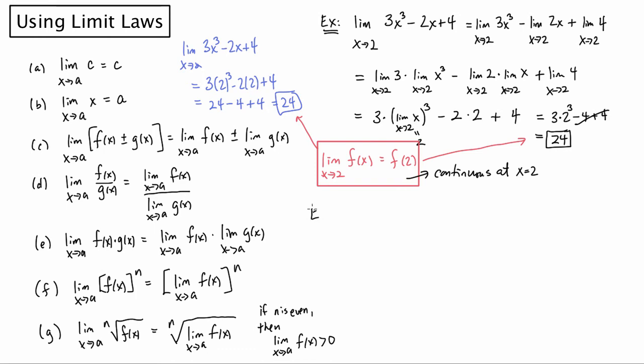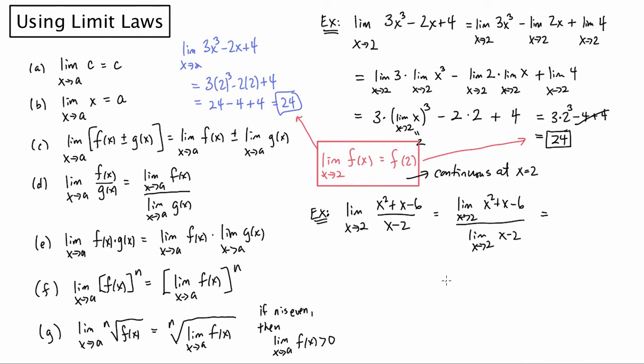But let's look at an example where things maybe go a little bit wrong. So this example I'm looking at now is a rational function, so I'm going to look at the limit as x goes to 2 in this case of x squared plus x minus 6 over x minus 2. Now if I use property D, then the limit of the quotient is the quotient of the limits, so the limit as x goes to 2 of x squared plus x minus 6 on top, and the limit as x goes to 2 of x minus 2 in the bottom.